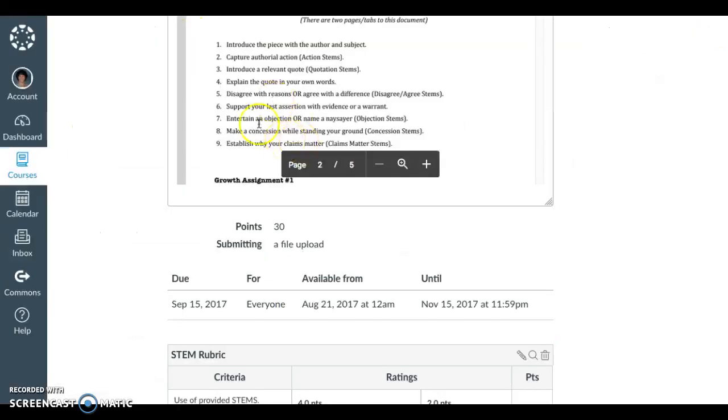And then you will go to the objective stems. And in number 7, you will entertain an objection or name a naysayer, which is somebody who is very negative or always says no. That's a naysayer. So entertain an objection or name a naysayer. And again, you're going to explain it.